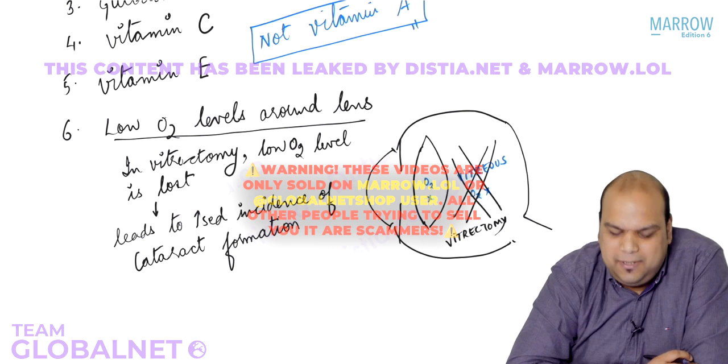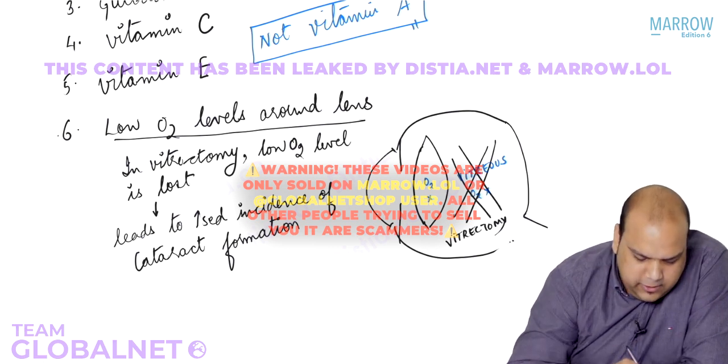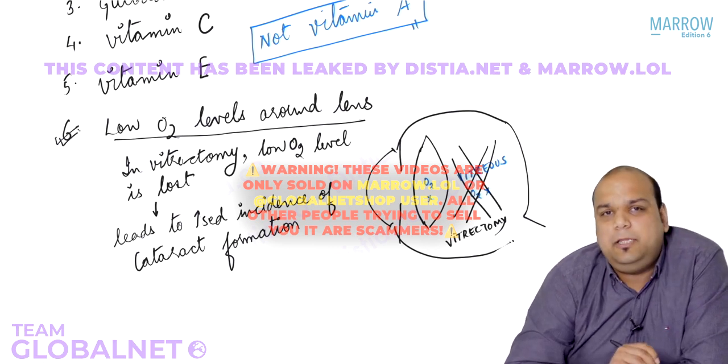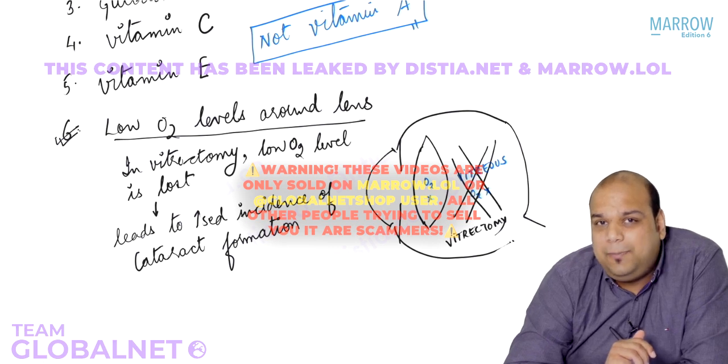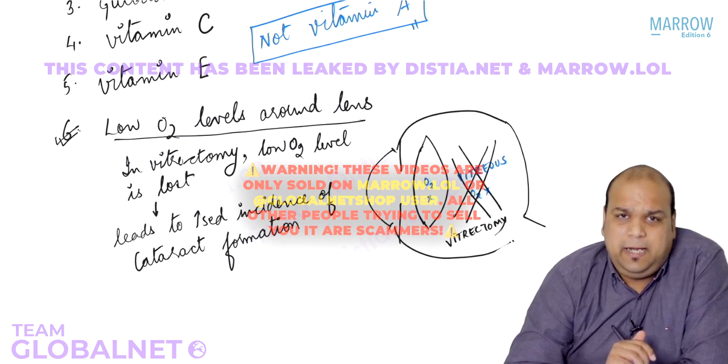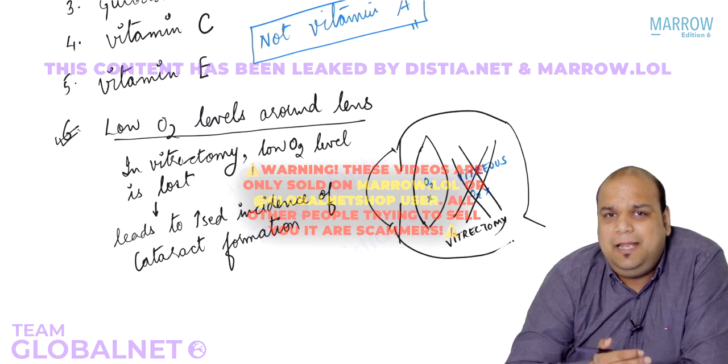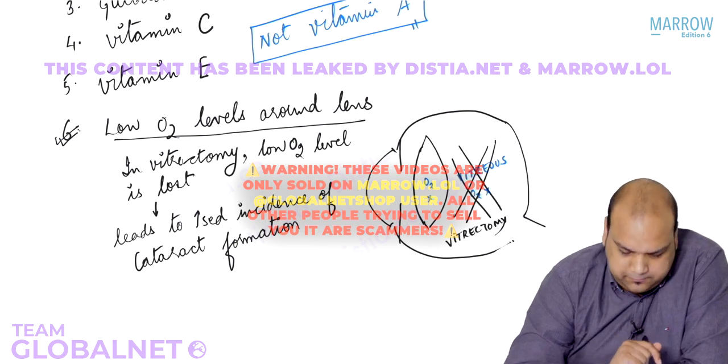Okay, everybody? Simple? Done? So that's one point. If you didn't know, please remember that after vitrectomy, the oxygen levels which are normally low will increase, and that increased oxygen levels may lead to formation of cataract.